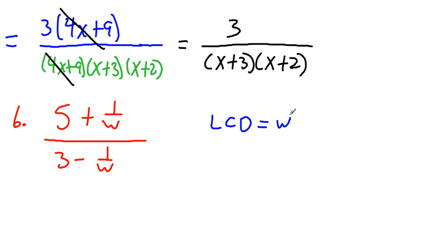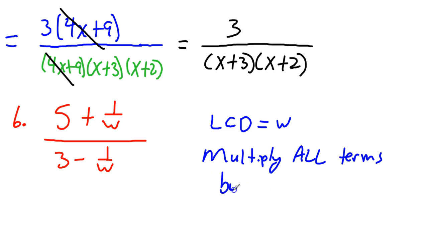And once you find the least common denominator, you're going to multiply all the terms by the least common denominator.